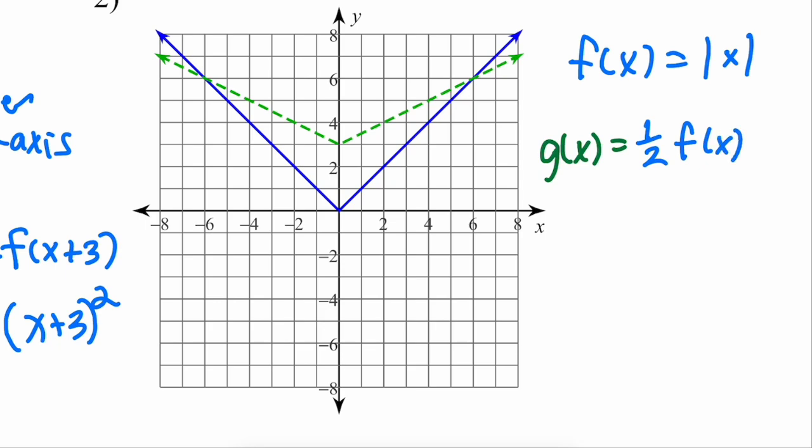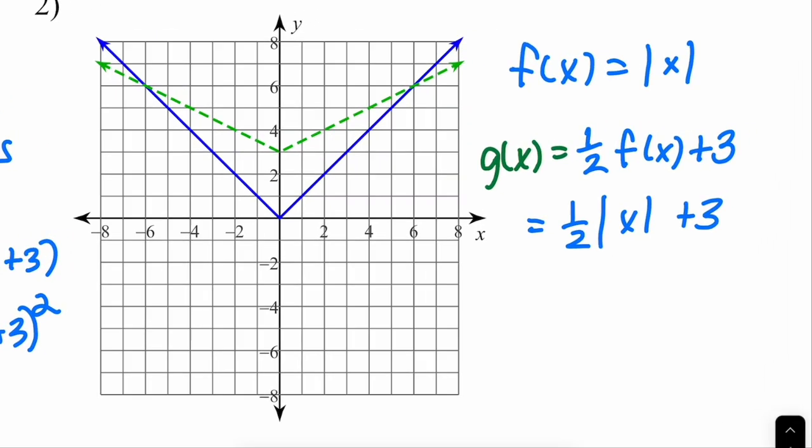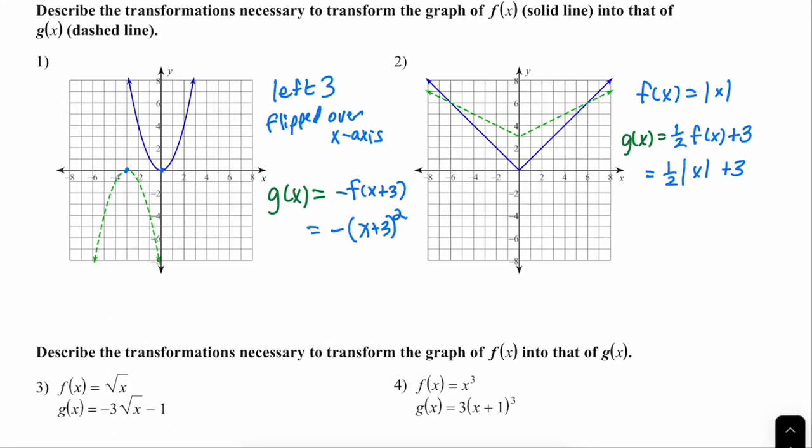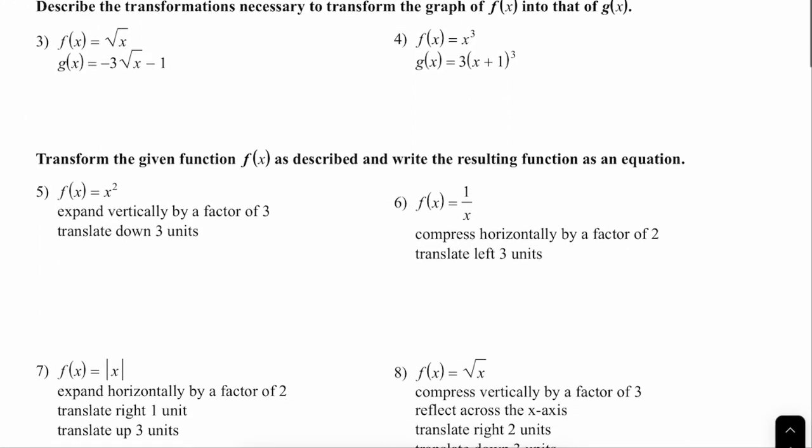So your plus 3 would need to be on the outside. So if we actually applied this to our absolute value, it would be 1/2 the absolute value of x plus 3. And you could put that function into Desmos, and you could see that it matches the green dashed line.